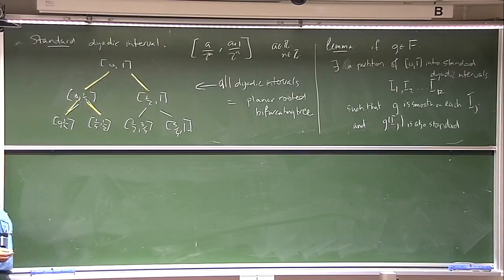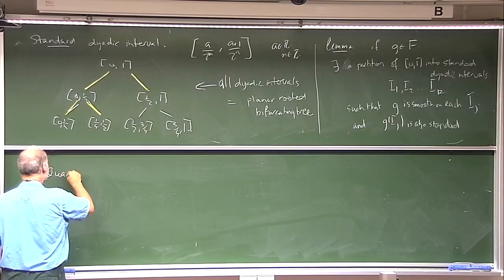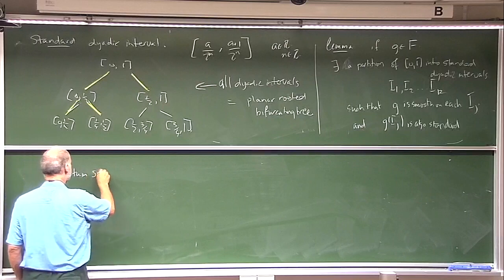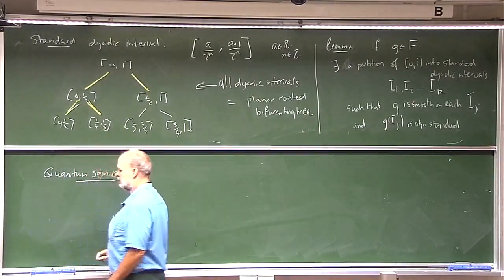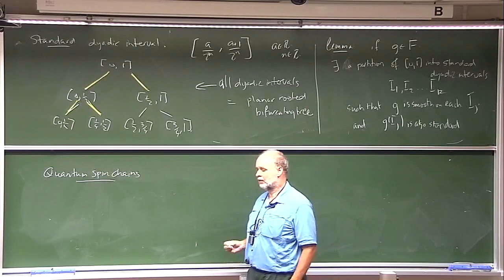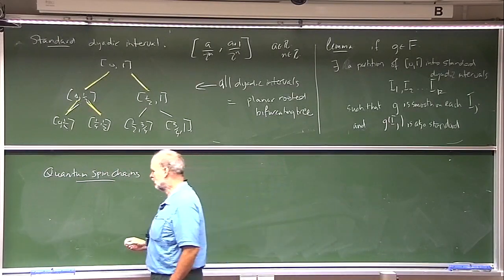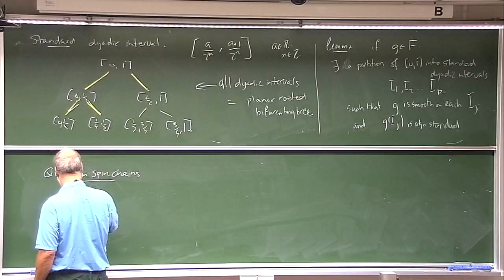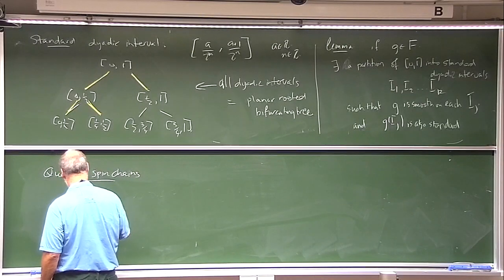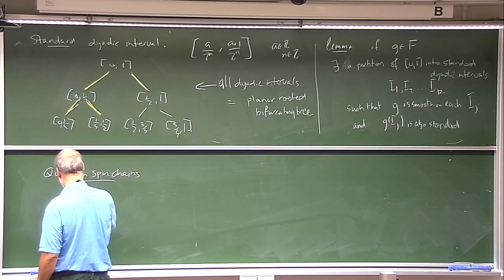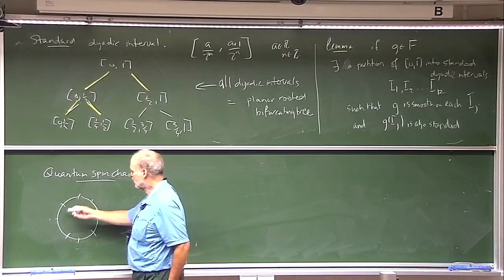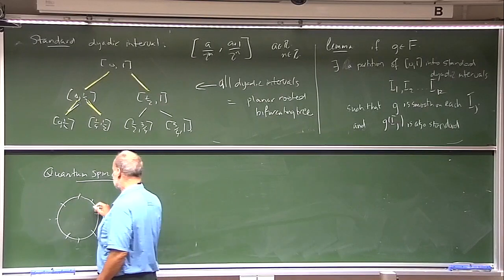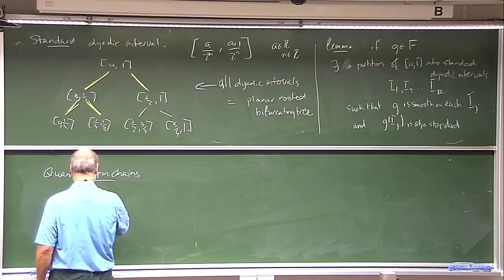The idea actually comes from the quantum spin chain. Because you see, one example of a planar algebra we had was these tensors. So in particular, if you looked at the vector space of a planar algebra on the circle with these points, that really is the tensor product of a whole lot of C2s.